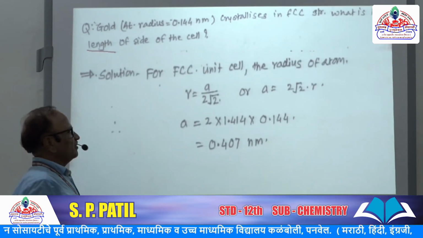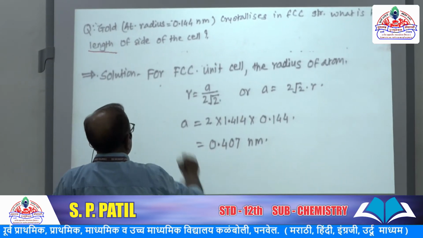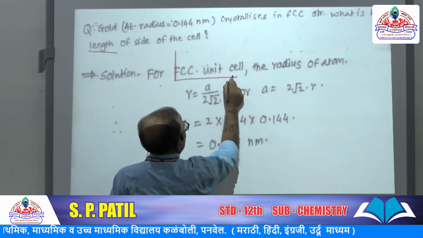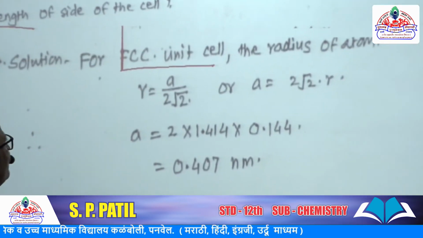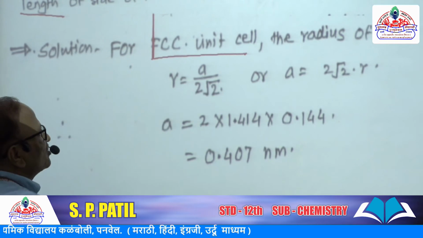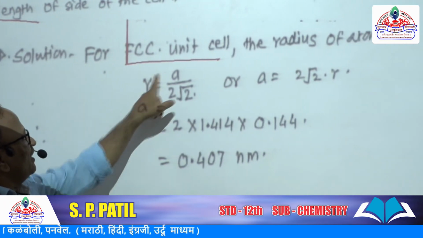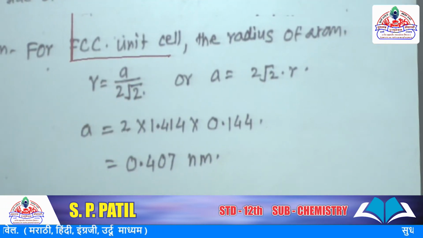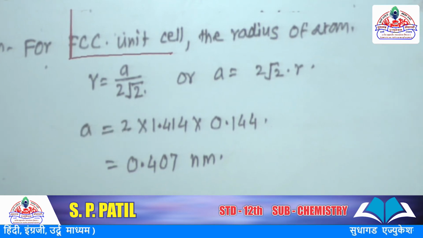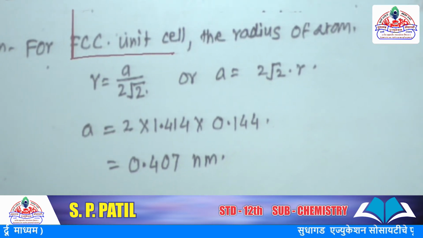Now the solution. Look here, for an FCC unit cell, the radius of the atom r is equal to a upon 2 root 2. How does it come? Let us see.